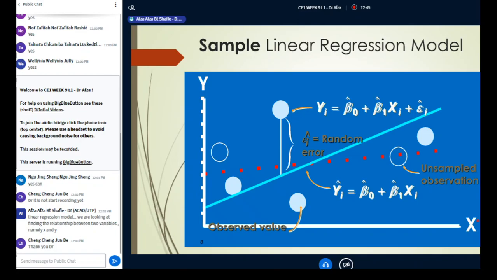What we are doing is we just estimate a line. So this is the line that we are trying to get, our beta naught hat plus beta 1 hat x that we are estimating. But because this line is just an estimate, there will be some error.